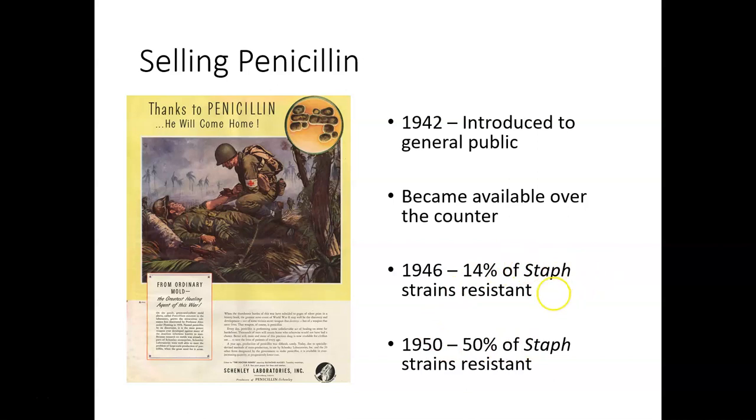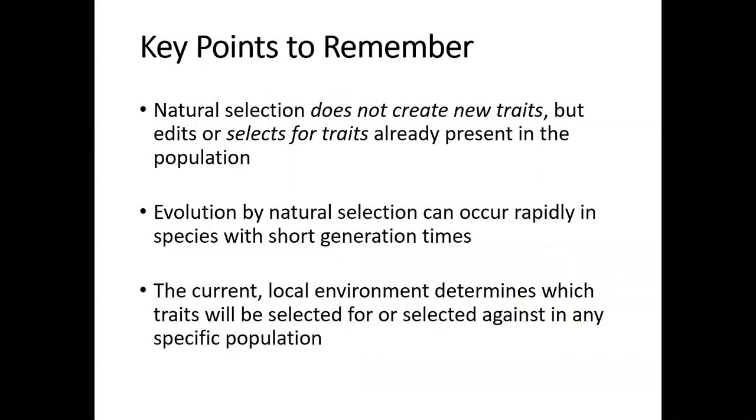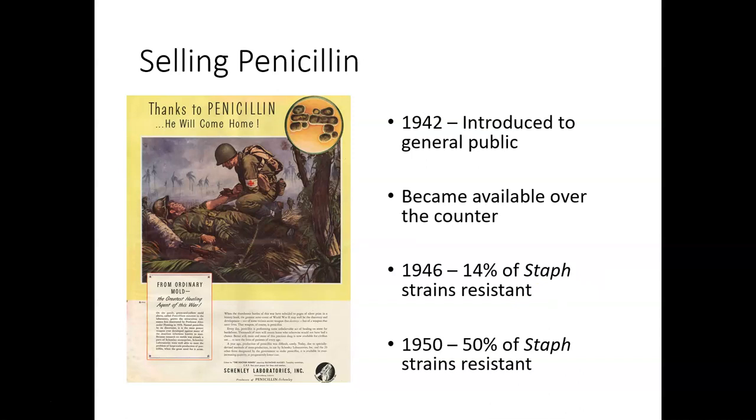By 1950, 50% of staph strains were resistant. And now there's all kinds of different staph strains that are resistant to a variety of different drugs, not just penicillin. We only have a few drugs that we can use for staph infections, for example, MRSA infections.